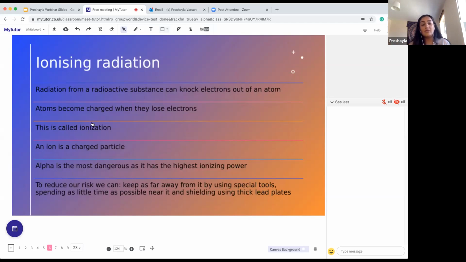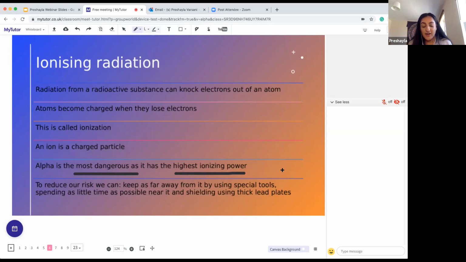Now, alpha is the most dangerous because it has the highest ionizing power. It's able to knock out lots of electrons and make them into charged atoms. So alpha is the most dangerous to humans as it has the highest ionizing power. But you'll remember that alpha can actually be really easily blocked.